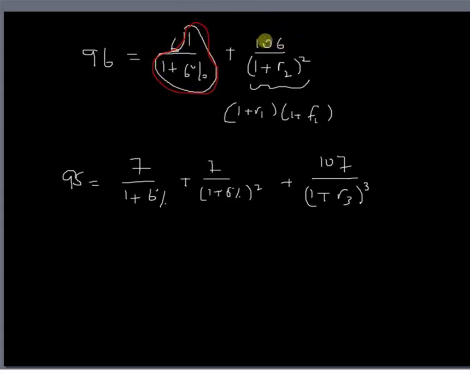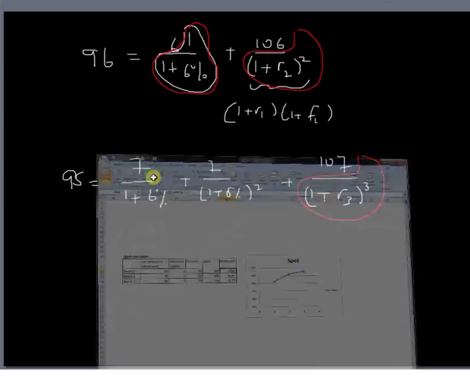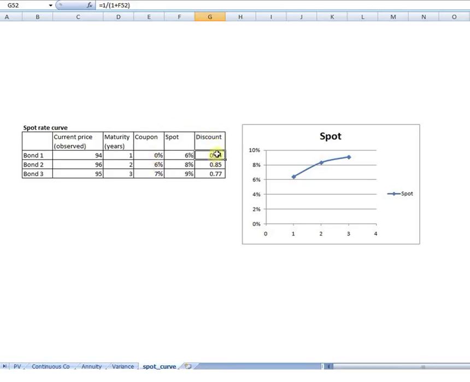This is simply 106 multiplied by 1 over (1 plus r) squared. And this one is simply 107 multiplied by 1 over (1 plus r3) to the power of 3. So this discount rate is simply 1 divided by 1 plus the spot rate, to the power of the number of years.